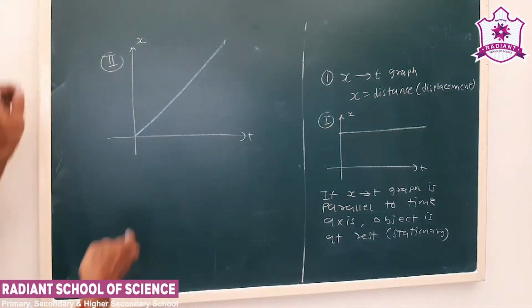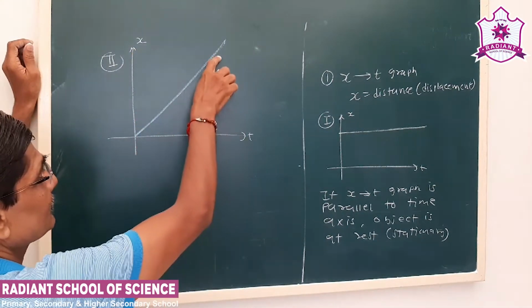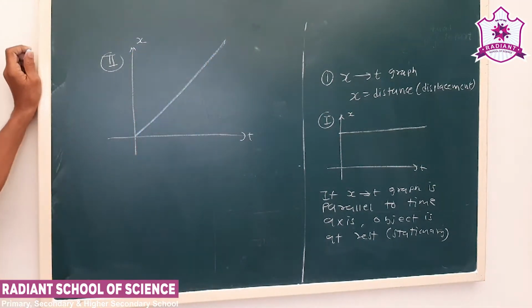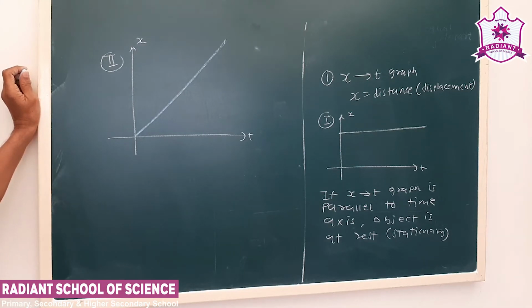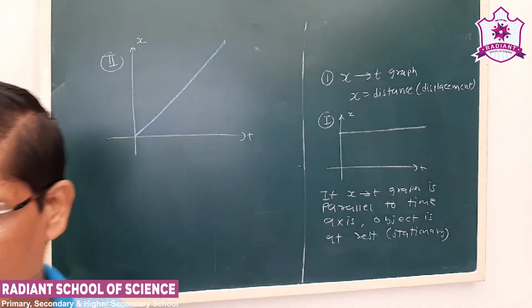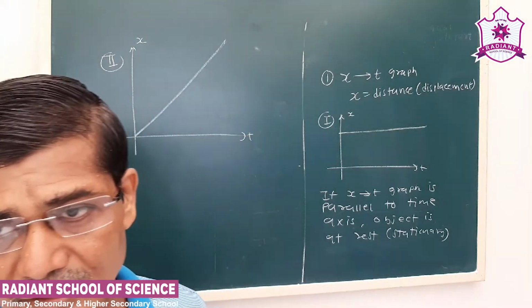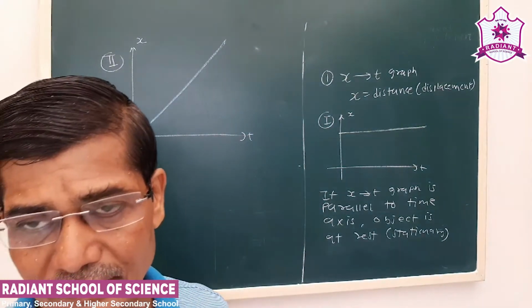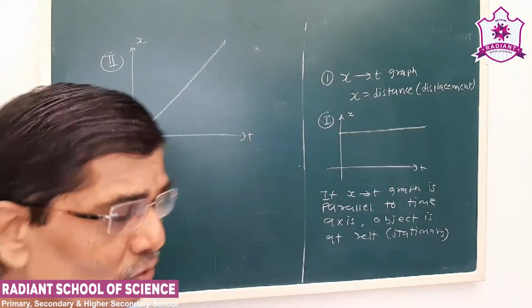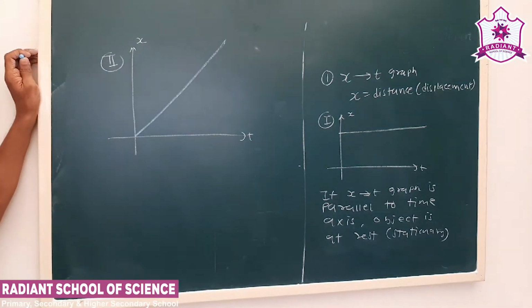Now here, this x versus t graph is a straight line, then the object performs uniform motion, or we say in equal time intervals the object covers equal distance or has equal displacement. See, the object moves with a constant speed or constant velocity.